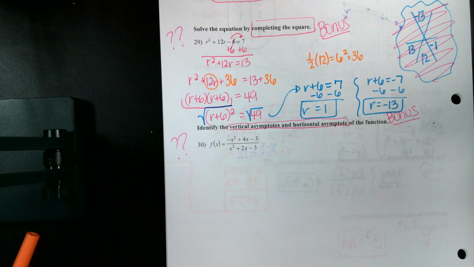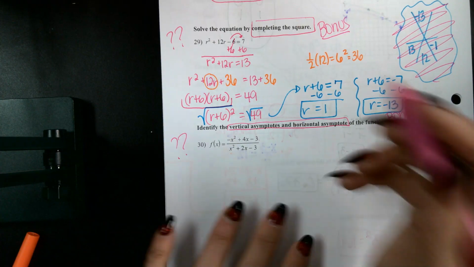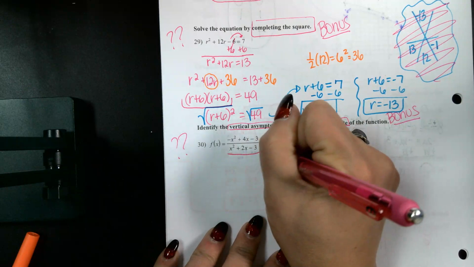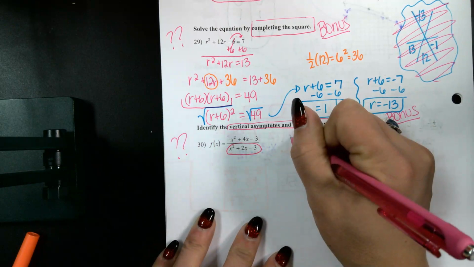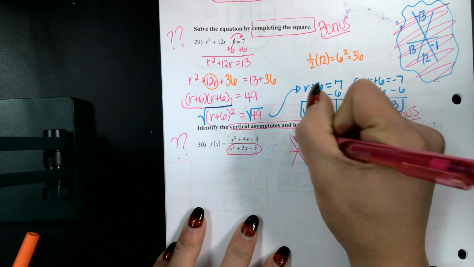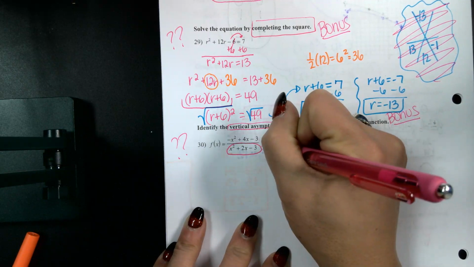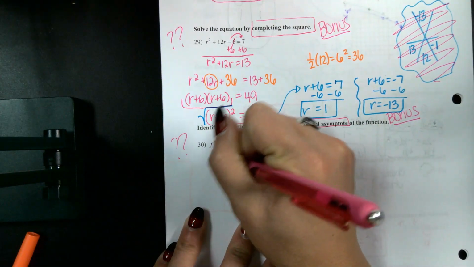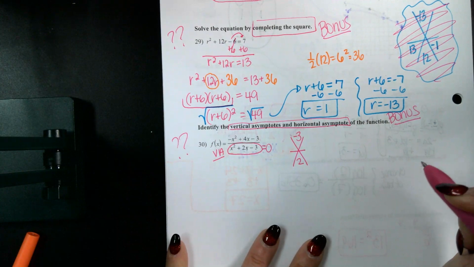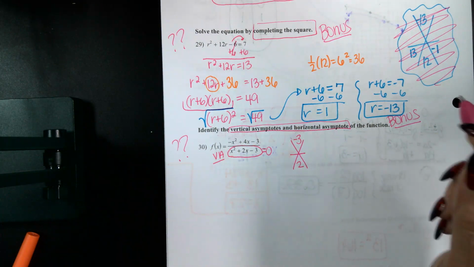Okay, so for this vertical and horizontal asymptote, to find your vertical asymptotes, you are supposed to set the denominator equal to 0. So this is for the vertical. So I have to factor it with a negative 3 and a positive 2.